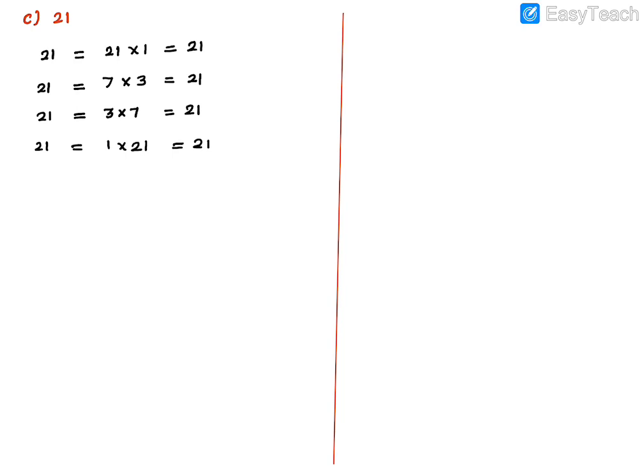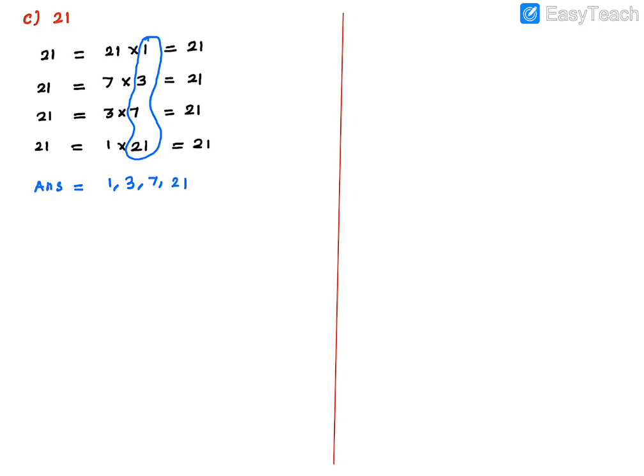So now what you have to do, just encircle this one. Which are the numbers? 1, 3, 7, 21. Okay, so 1, 3, 7, 21. These are the factors of 21. So finally you have to write the answer: 1, 3, 7, 21.